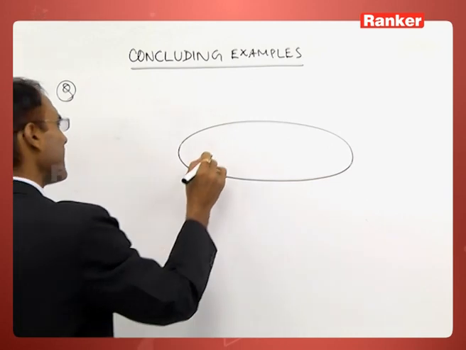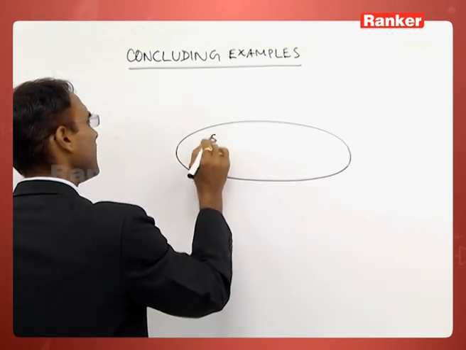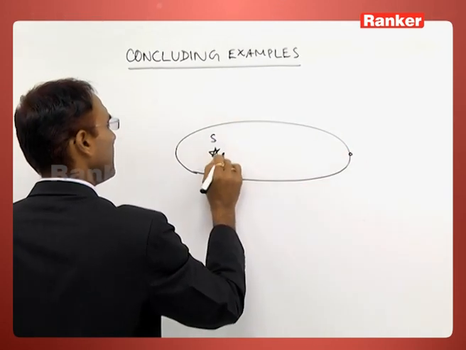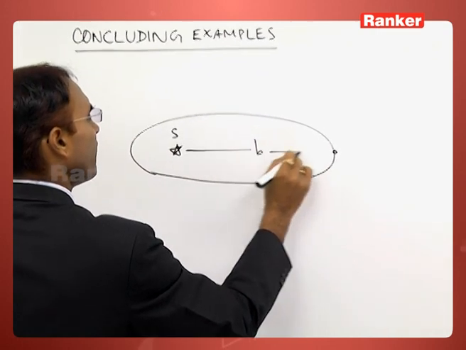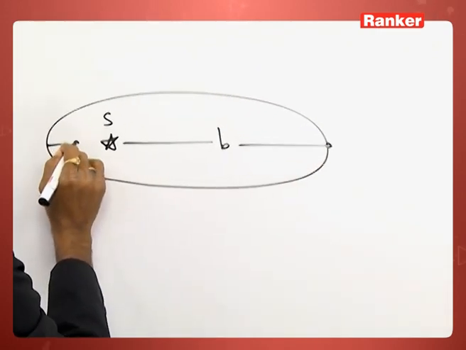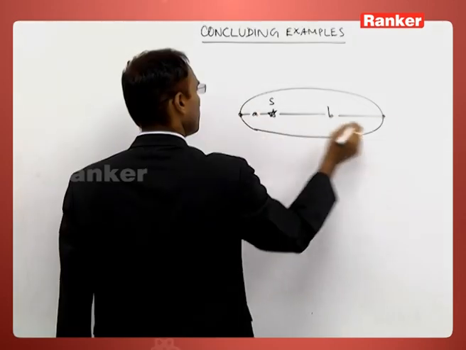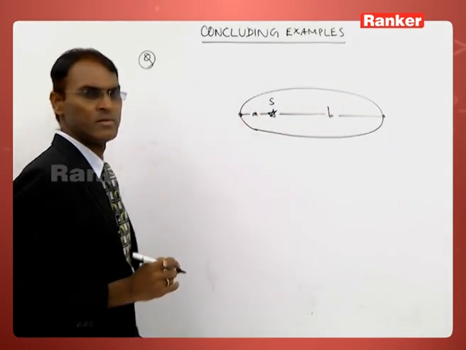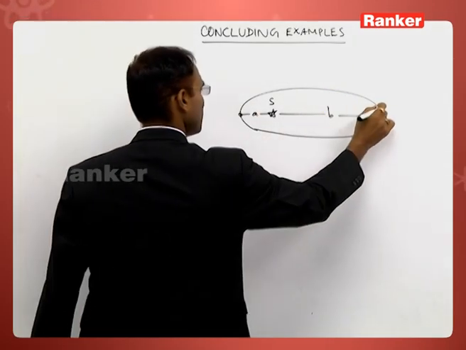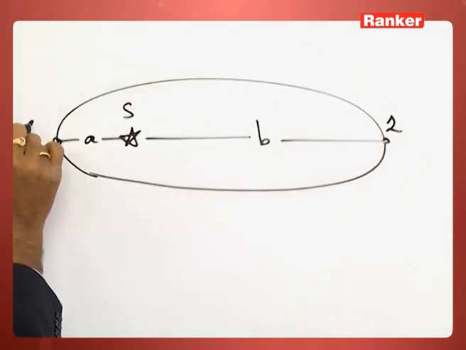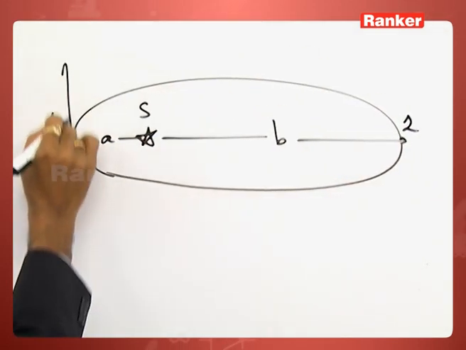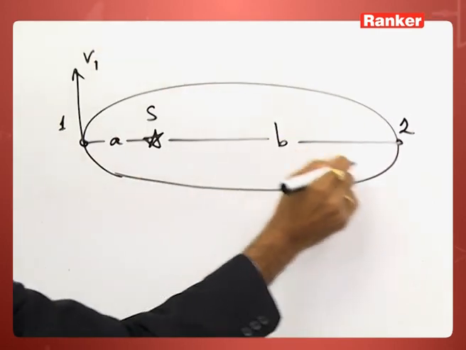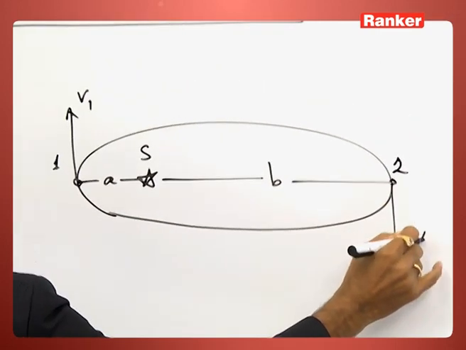You take the sun planet case. This is the sun, this is the planet. The maximum distance is b and the minimum distance is a. Let us calculate. Here velocity v1, here velocity v2.